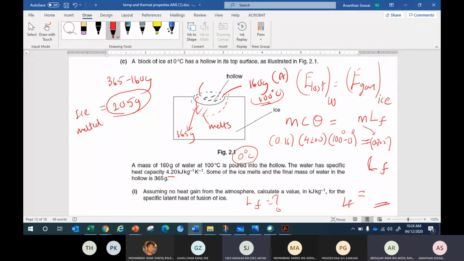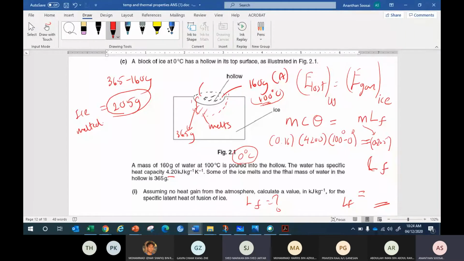Teacher, why did you change the value of 160 gram to 0.16? Oh, 0.16, because I changed to kilogram, because 4.20 is for kilogram. So mass also has to be kilogram. But 4200 is for gram, right? No, this is kilojoule per kilogram.